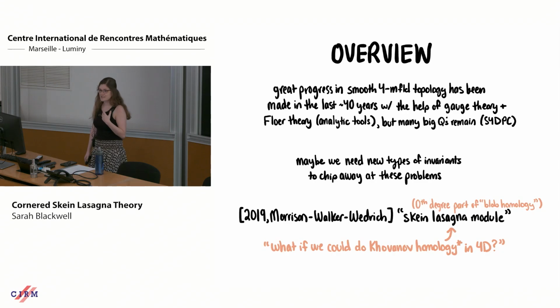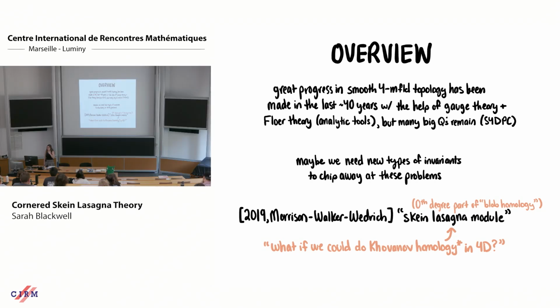There's a little asterisk there, because really we're going to be using Khovanov-Rozansky homology, which is slightly different. But anyway, the basic idea is the same. And this is fundamentally combinatorial in nature rather than analytic. So that's the overview.